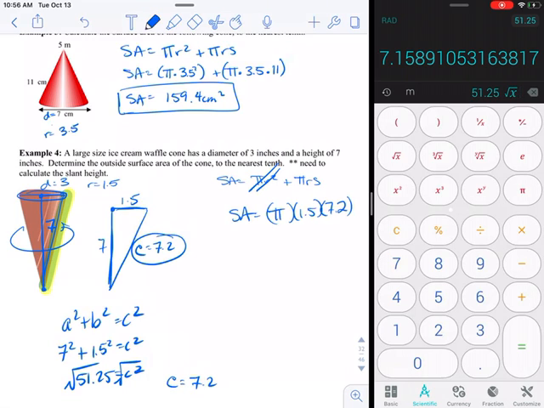So let's multiply this value. 7.2 times 1.5 times pi, and we get 33.9 square inches.